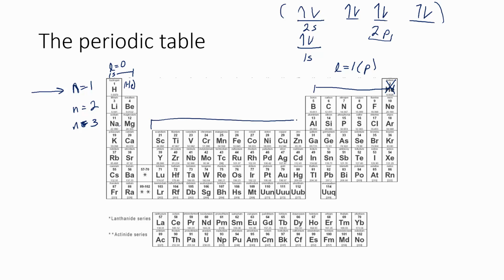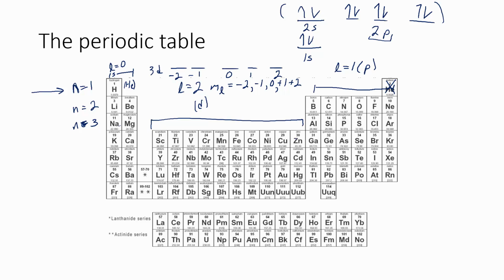And we can notice also in here 1, 2, 3, 4, 5, 6, 7, 8, 9, 10. Remember, the l equals 2 shape has 5 different possibilities for orientation in space. And I said l equals 2 is the d designation shape for orbitals. So if we have 5 different orientations in space, for 3d, we have -2, -1, 0, 1, and 2.